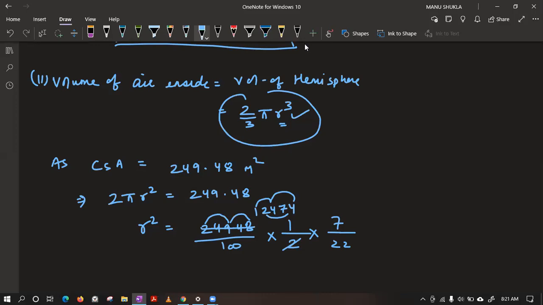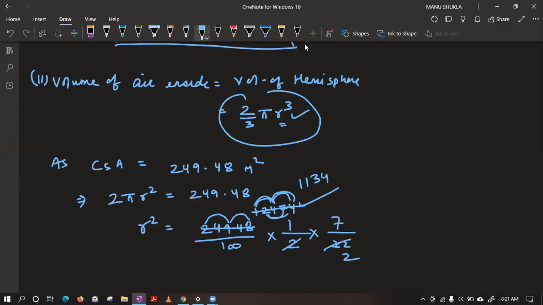It can be divided by 11. 1 plus 4 plus 5. Okay, let me check again. 1 plus 4, 5 plus 4, 9 and 7 plus 2, 9. Yes, you can divide by 11 easily. So 11 twos are 22, and 11 ones are 11, and so on.